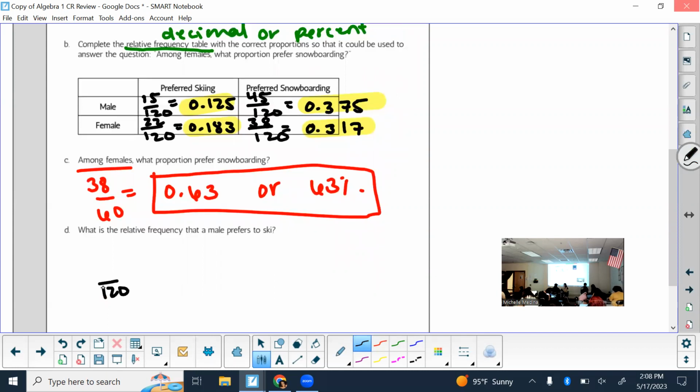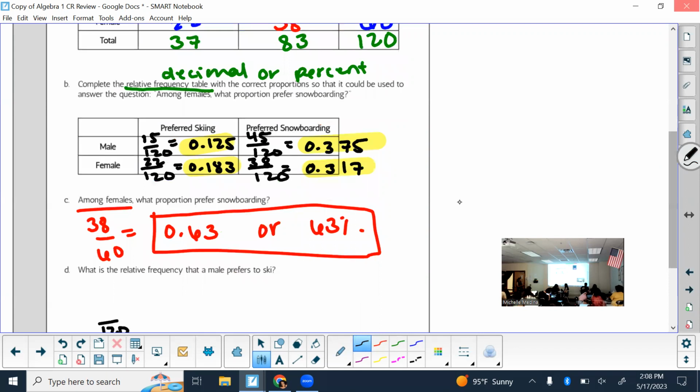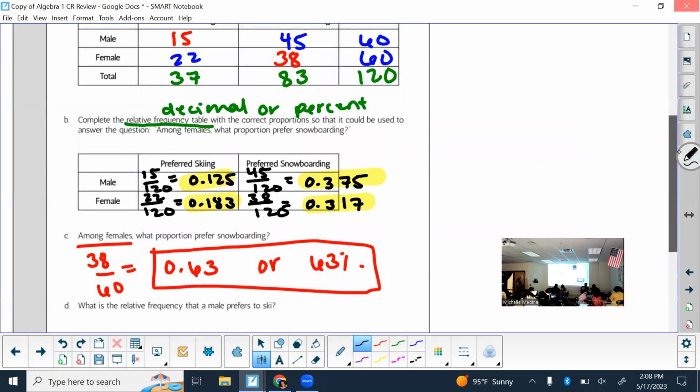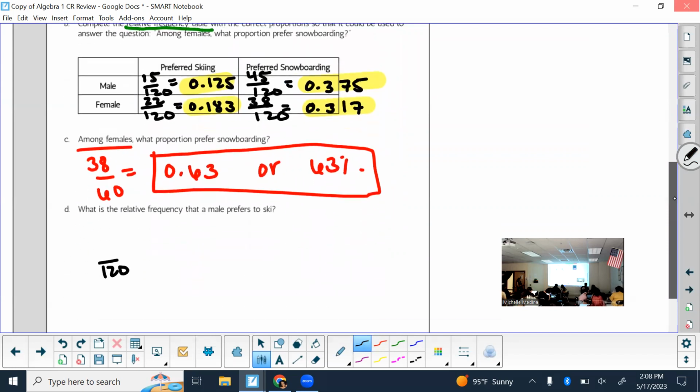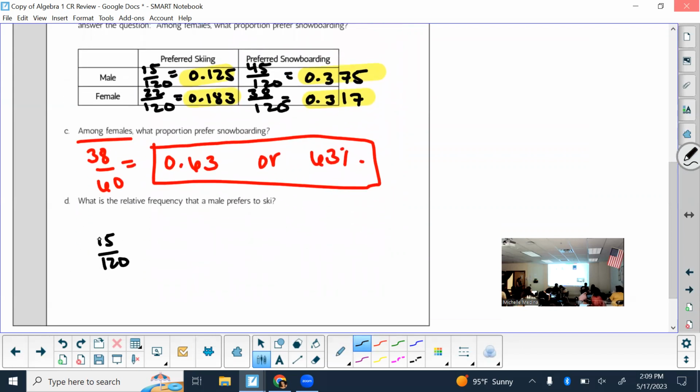So yeah, it doesn't say out of the males or out of the people that prefer to ski. It just says what's the relative frequency that a male prefers to. So that's how I interpreted it. At least I don't really have a key for this because we made it, but that's not important. So then males that prefer to ski was how many? So then I'm doing 15 divided by 120.